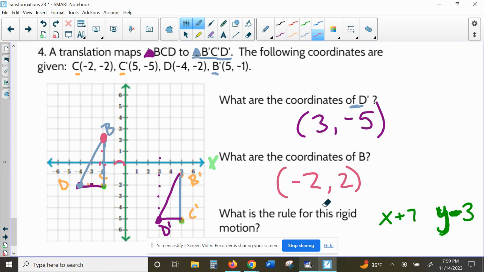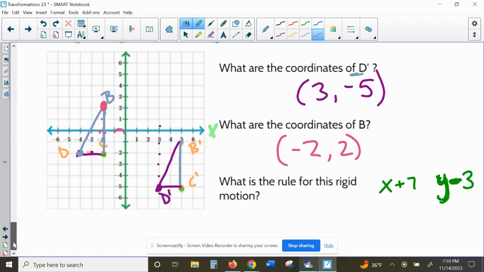And what is our rule? Now remember, we can write the rule in different ways. We can write it like coordinates. So we can say parentheses x, comma, y with a little arrow goes to, and write this stuff right here: x plus 7, comma, y minus 3. That's one way to write it. Another way, you can write it with a big capital T, and you could put what happens to it. So it goes 7, comma, negative 3.